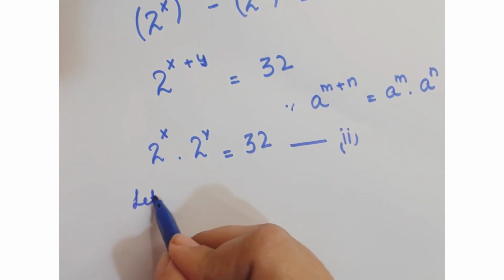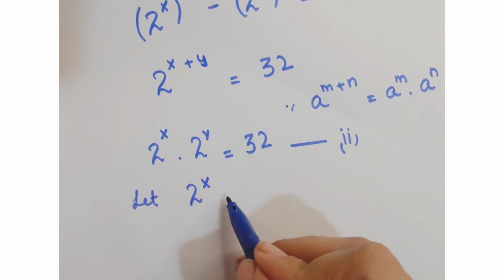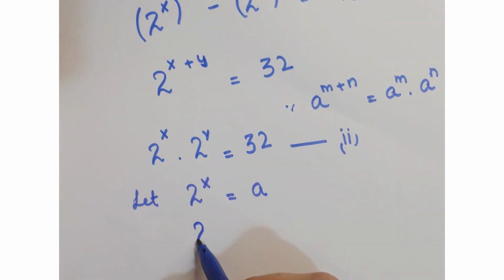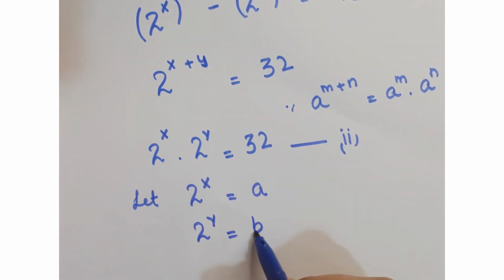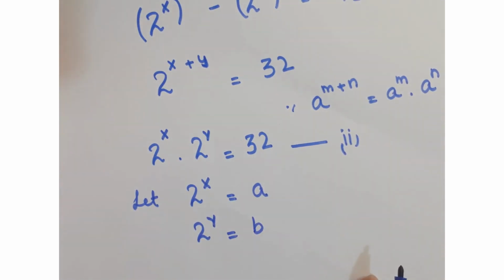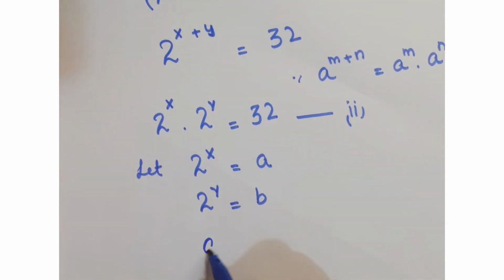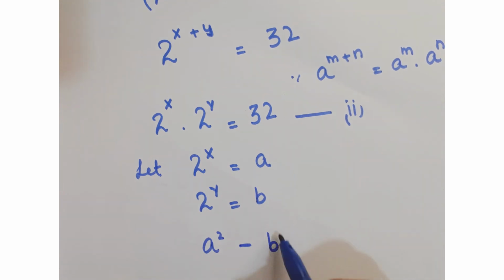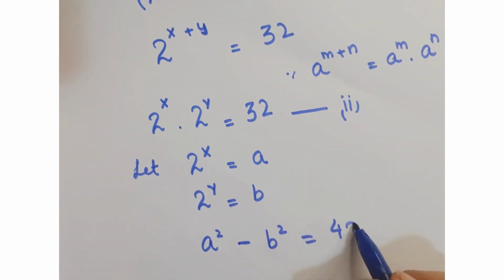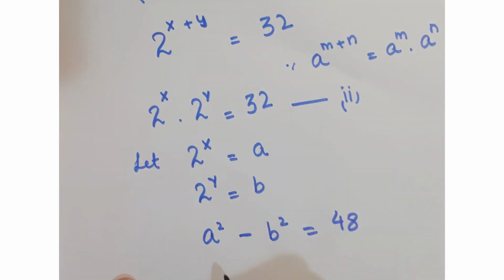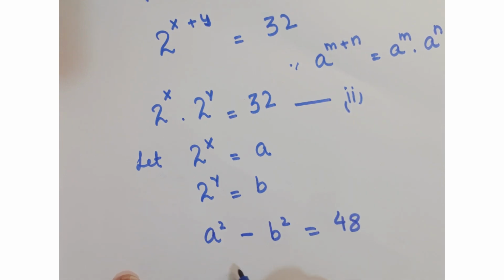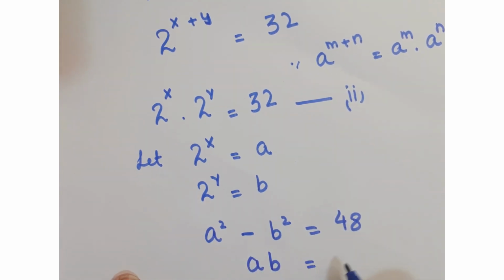Now let's assume that 2 to the power x is equal to a and 2 to the power y is equal to b. Replacing these in equation 1 and equation 2, you get a square minus b square is equal to 48, and a into b is equal to 32.